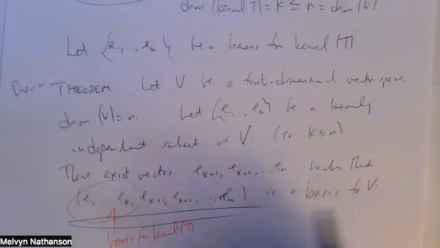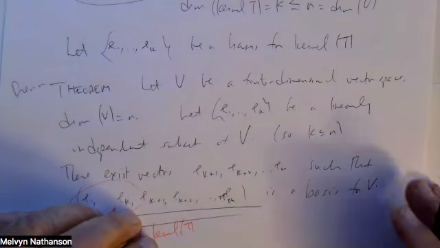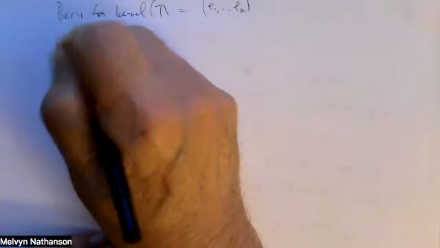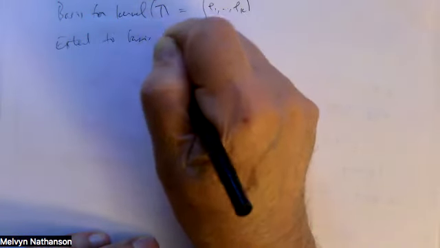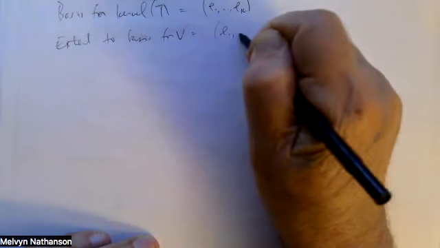So here we have a basis for V. e1 up to ek is a basis for the kernel of T, and we've extended that to a basis for the rest of V. So we have this basis for the kernel of T, which is e1 up to ek, and then we extend to a basis for V: e1 up to ek, and then we have to add another n minus k vectors, ek plus 1 up to en.